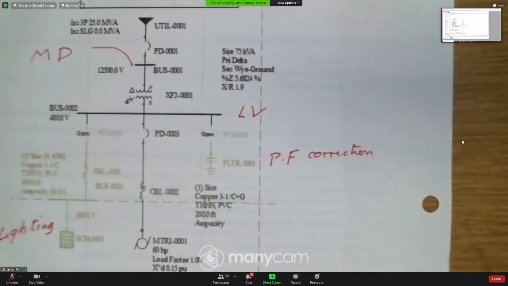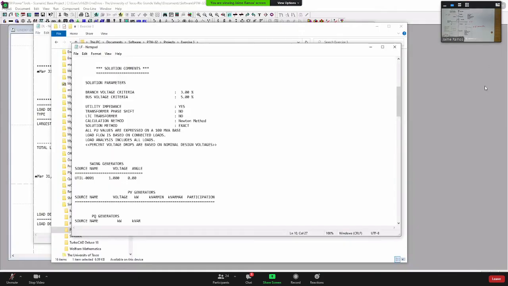Utility impedance, yes. Transformer phase shift, no. LTC, line tap changer transformer, calculation method, Newton. PU values are expressed on a 100 MVA base, very large base.